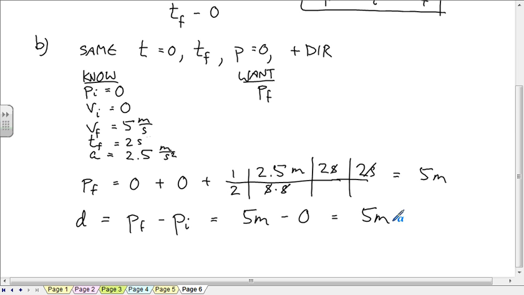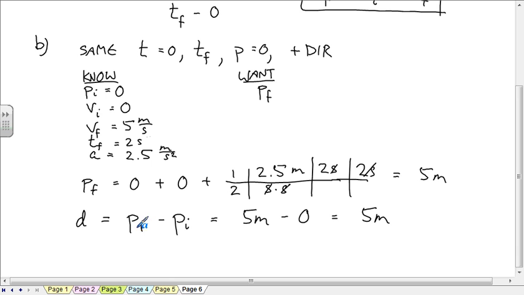One thing that sometimes simplifies things is, anytime you choose your 0 position to be the object's location when time is equal to 0, that always means that your P initial is equal to 0, okay? And if your P initial is equal to 0, the displacement is always going to be equal to your final position.